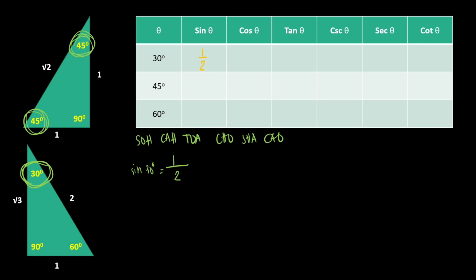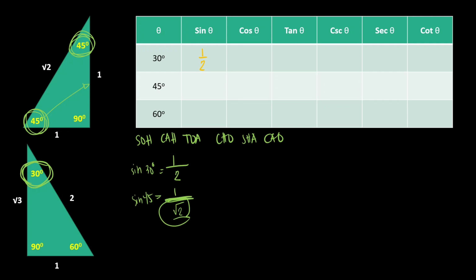So the opposite here is 1 and its hypotenuse is square root of 2. As you can see, our denominator is square root of 2, which is wrong. It is not right to leave a square root in the denominator, so you're going to rationalize.